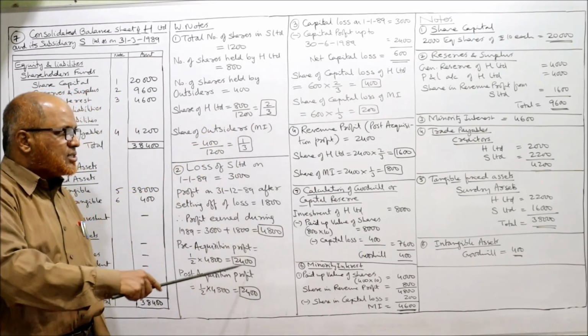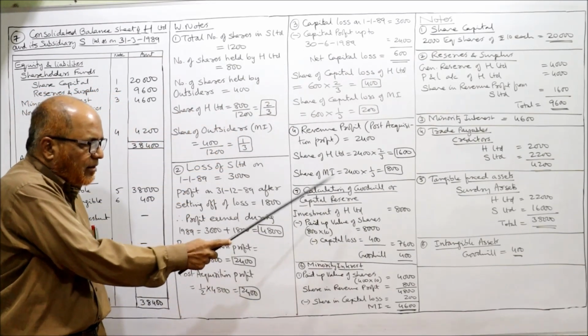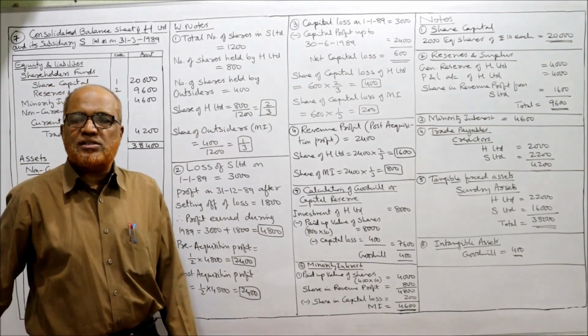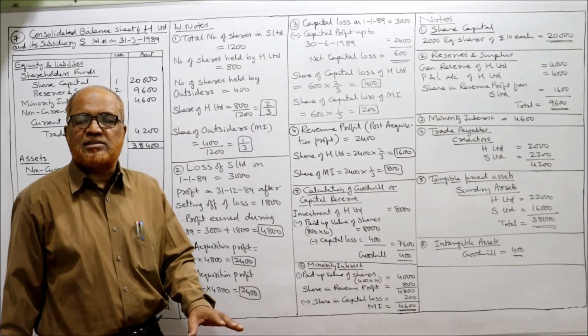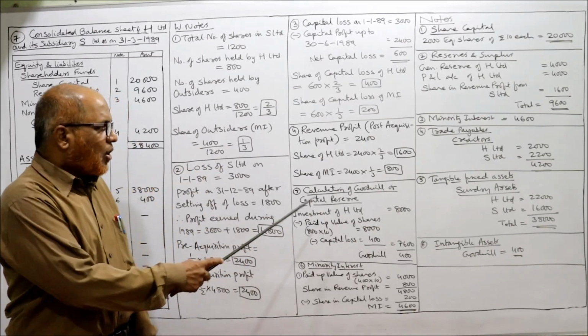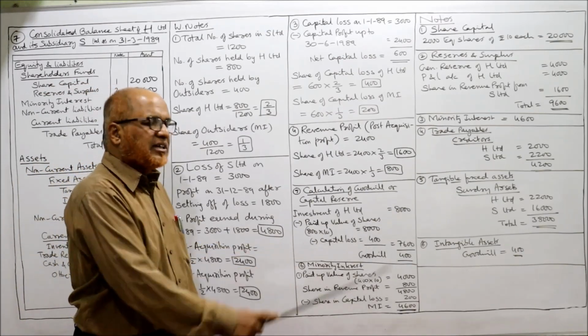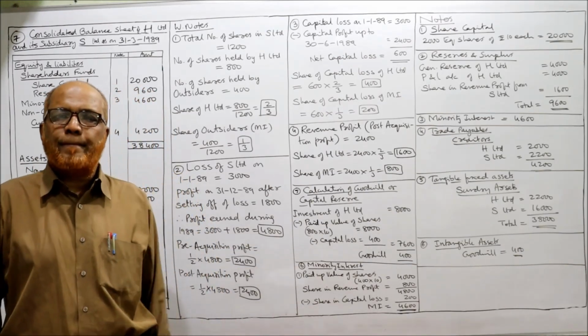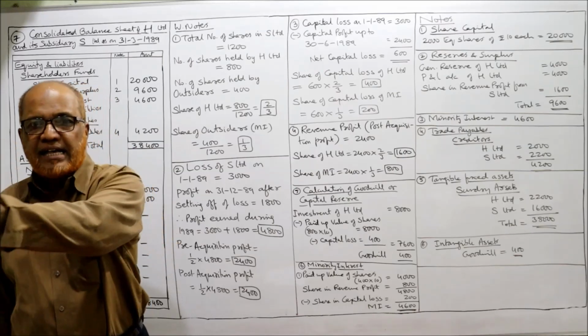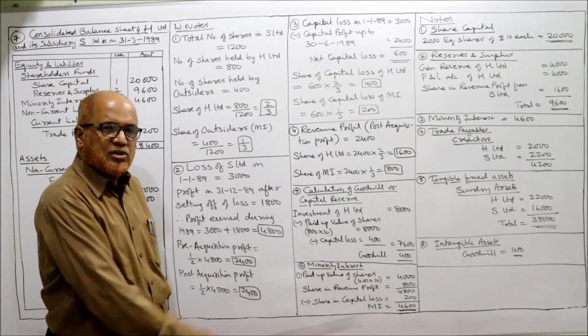All these calculations we require mainly for calculating this. Without calculating all this capital loss and revenue profit, we cannot get goodwill or capital reserve. The cost of investment of H Limited 8,000. Balance sheet it is given. Asset side, investment made by H Limited in S Limited is 8,000. Cost of investment.